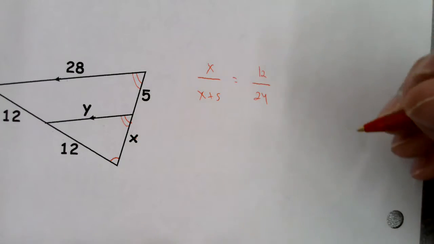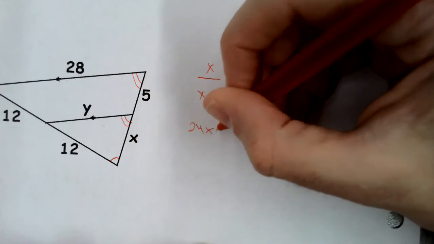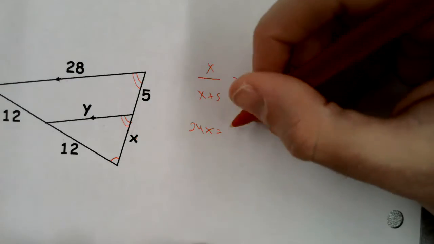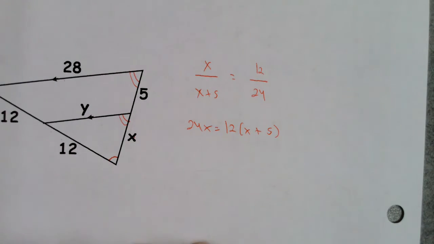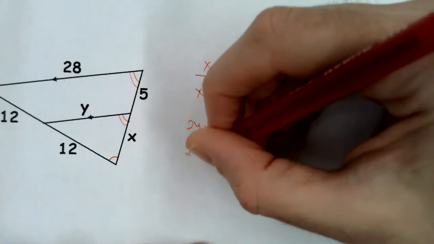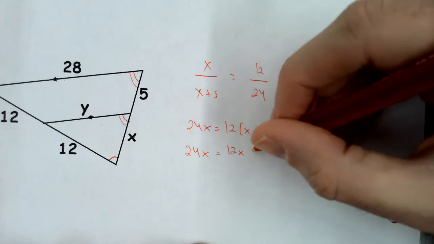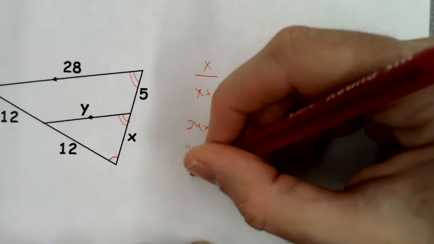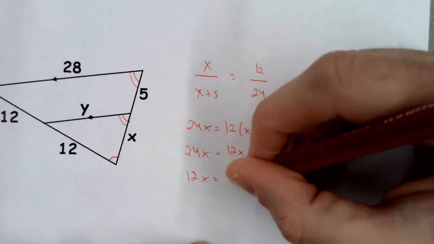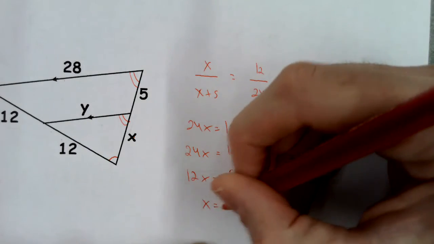Cross multiply, 24x equals 12 times x plus 5. 24x equals 12x plus 60 when you distribute. Subtract 12x on each side. 12x equals 60, x equals 5.